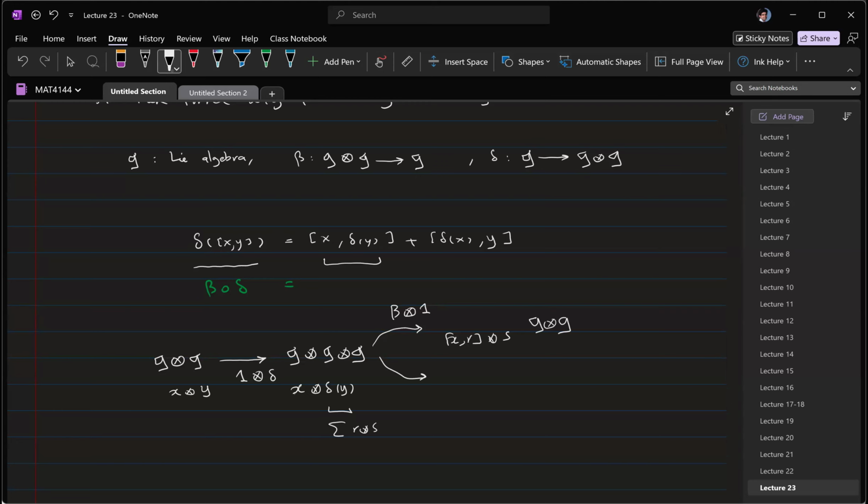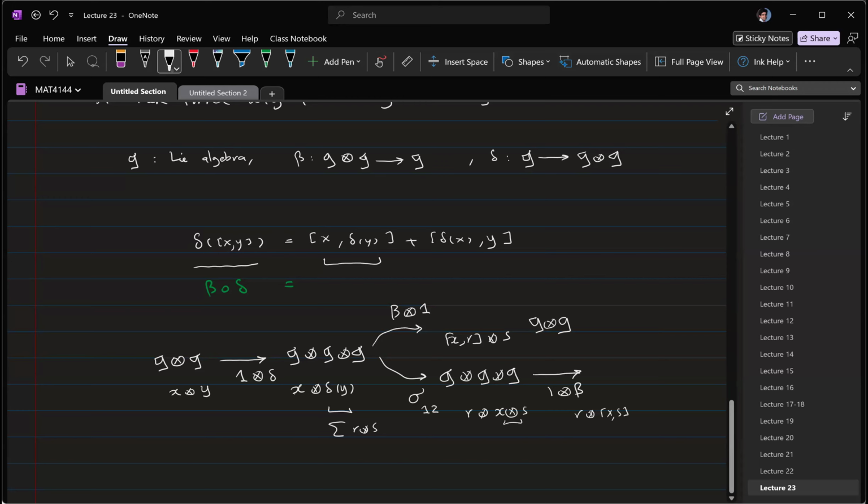I should first move this X next to S. So what I should do is a swap operation, which I denote by sigma 1, 2, recall that notation I use for these indices. This means I'm switching the first and the second component. So this is just a flip applied to the first and second tensor factors. And when I do this, I'm still in G tensor G tensor G. And after this, I should now do 1 tensor beta, because I got R tensor X tensor S, and now I have to apply the beta here. So I end up with R tensor XS.